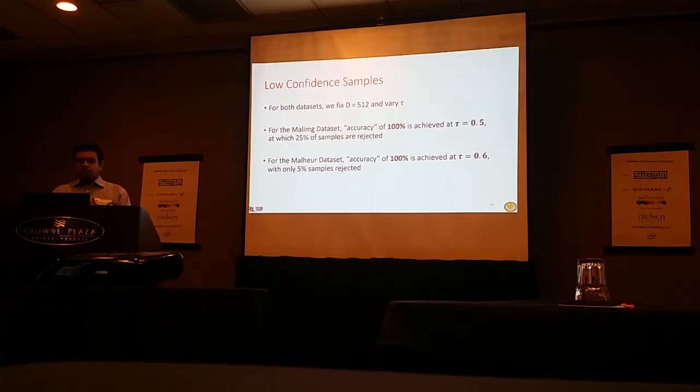So for both data sets, what we do is fix D as 512 and vary the threshold for the sparsity coefficient index. We see that the accuracy, more like a precision here, of 100% is achieved when the threshold is 0.5 for the first case. At this step, 25% of samples are rejected. A precision of 100% is achieved for the second data set when the threshold is 0.6, at which only 5% of samples are rejected.